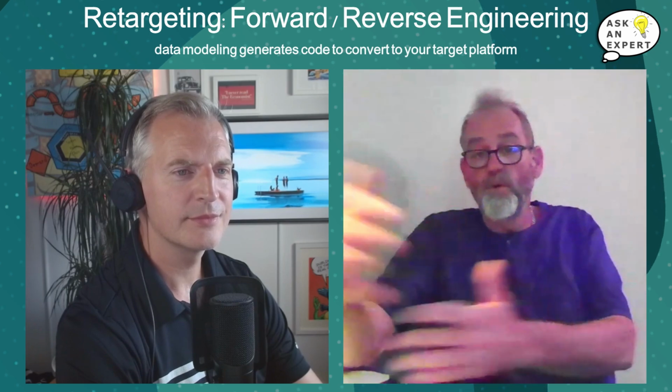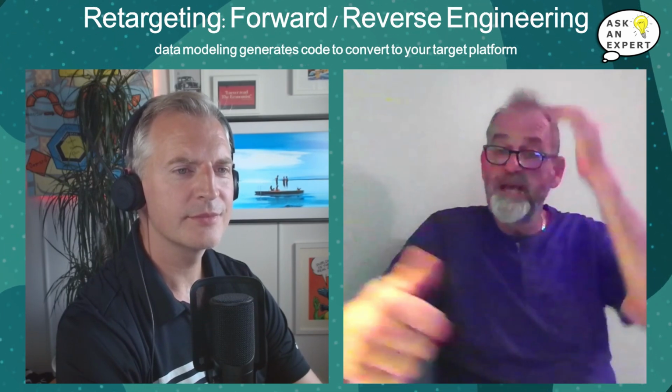Now it's about deploying it. So retargeting, you can retarget a schema that's been deployed on one database by reverse engineering it, pointing it and saying this is no longer an Oracle database, leverage all of the smarts and knowledge within erwin Data Modeler to say this is now a MongoDB database, using the denormalization techniques to make it a better database in MongoDB, and then forward engineering that out and using that automation, because it will create the code to instantiate that structure.